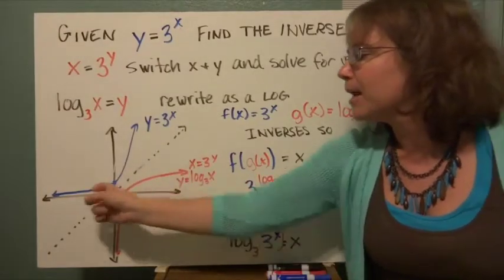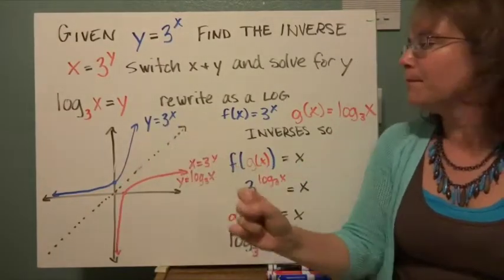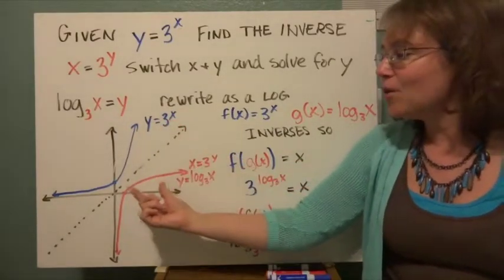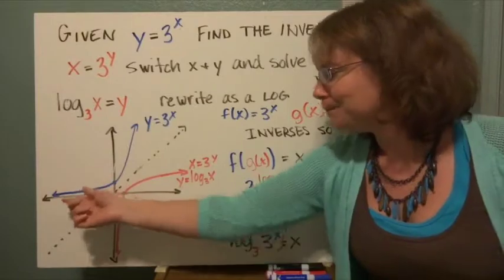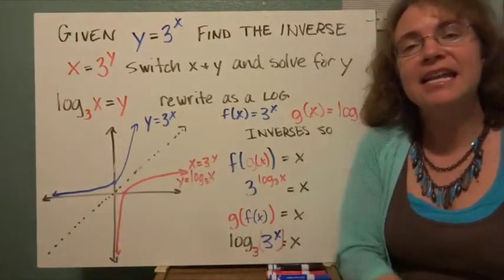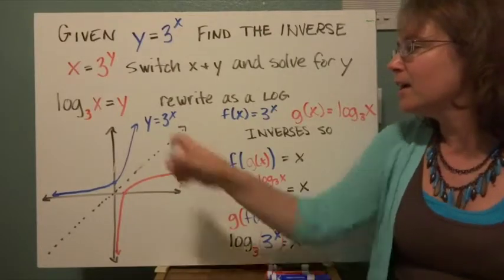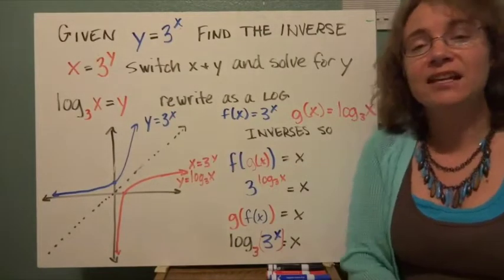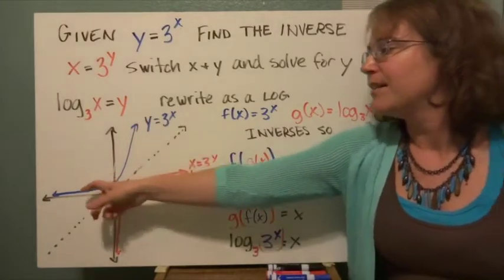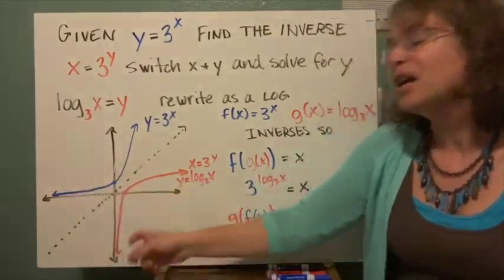Now notice, when I'm looking at my exponential equation, y equals 3 to the x, I notice that my values over here are never going to be negative. So I'm never going to get negative values for y here, because even if I plug in a negative exponent, it's just going to make that be a fraction.